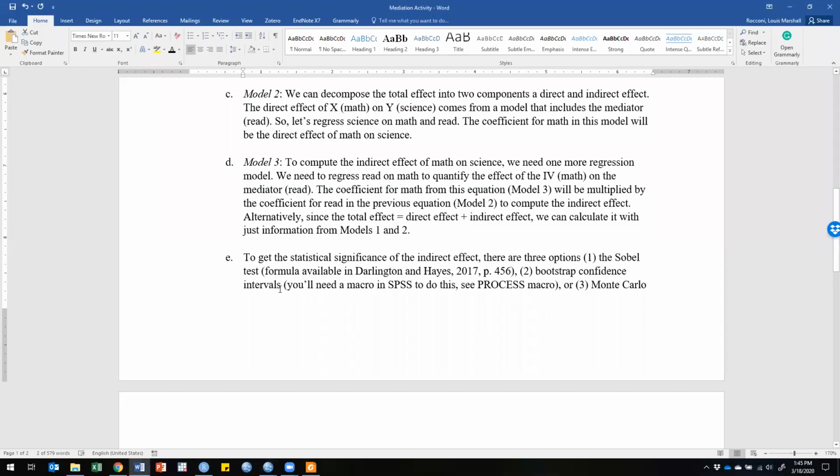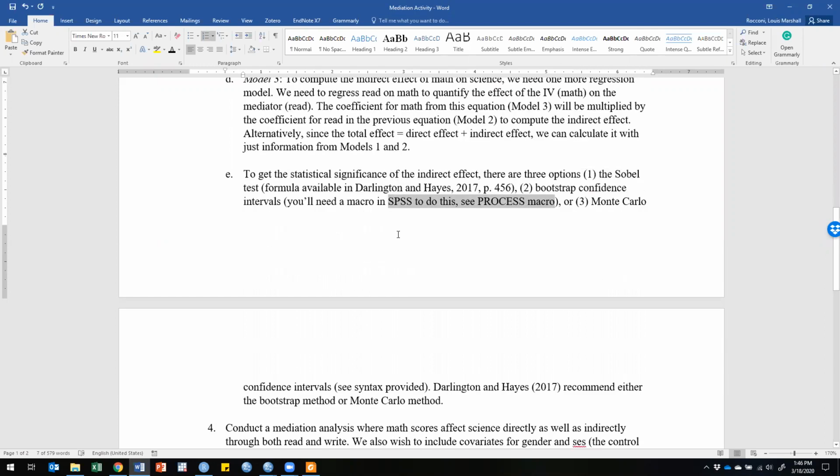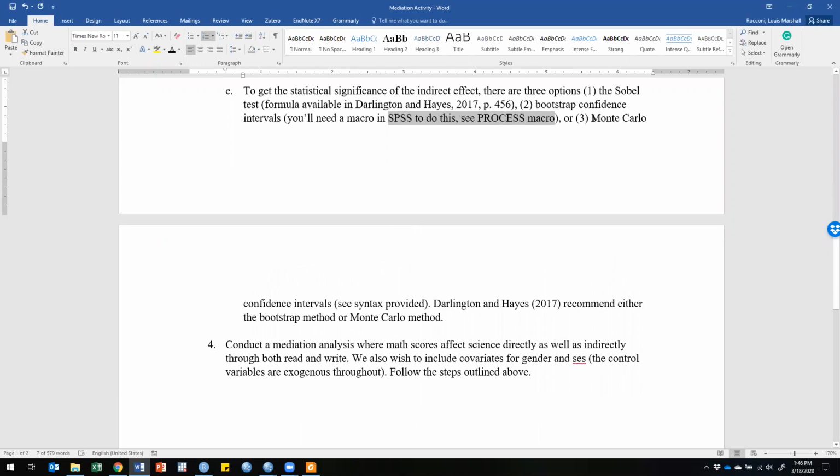So that's what they're talking about with the bootstrap confidence interval. To implement this in SPSS, you would need to use the PROCESS macro, which we'll talk about.